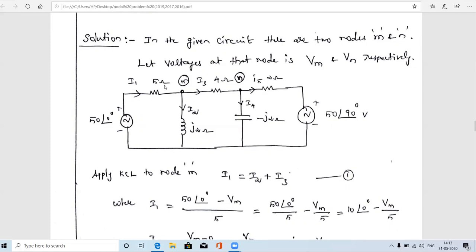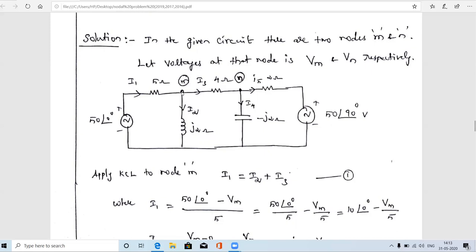Then, in nodal analysis we have to mark the branch currents. In mesh analysis the loop current is marked around a closed path, but in nodal analysis we use branch currents. From the 50 volt source, some current will emerge. Let us consider the current flowing through this 5 ohm resistor as I1.